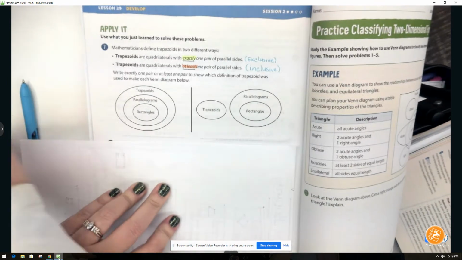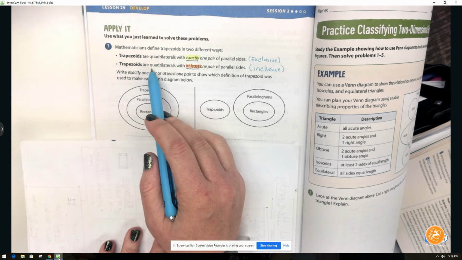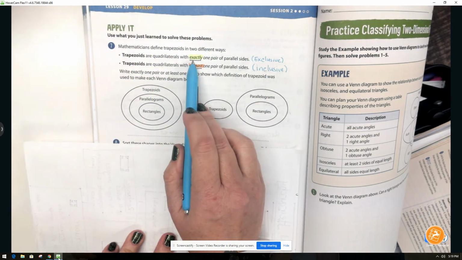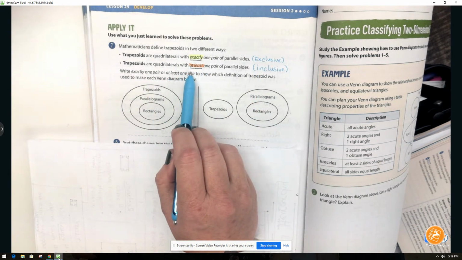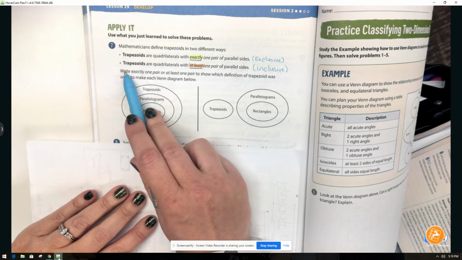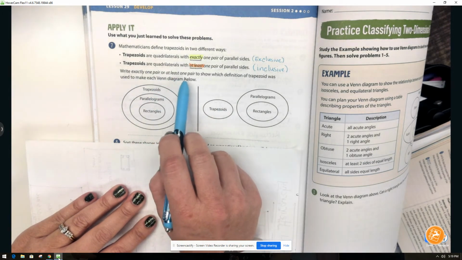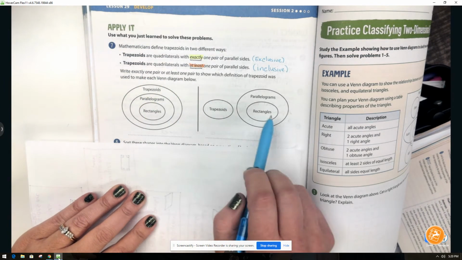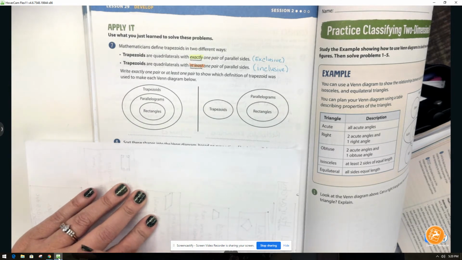So if we're looking at our question number 7, and we're thinking about the two different types of trapezoids, the exclusive, which means you have to have exactly one pair, and the inclusive, meaning you just need one pair, we're going to write the words exactly one pair into one of these Venn diagrams, and then we're going to write at least one pair underneath one of these two diagrams, based off of where trapezoids are in the diagram.